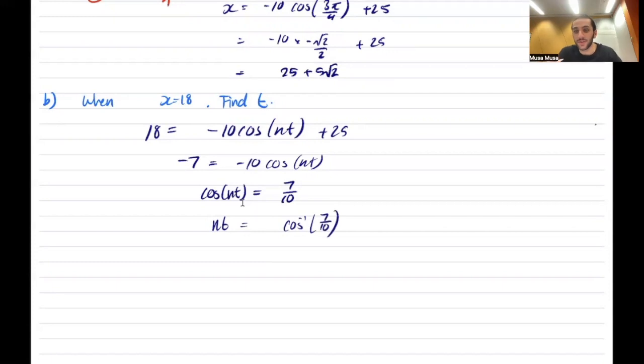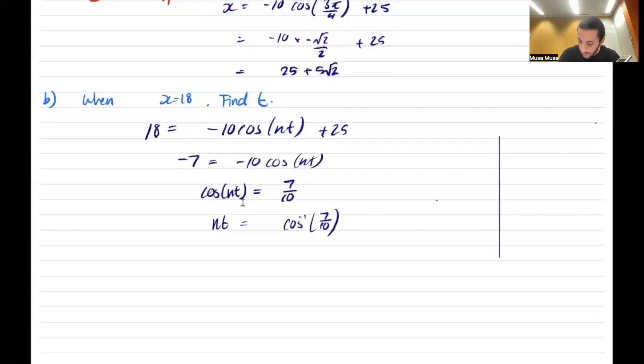And because I'm only dealing with the first occasion, I don't have to find future values. Of course, I can find the next one. Remember, ASTC, cos is positive here and here. So right now I'm finding this one.